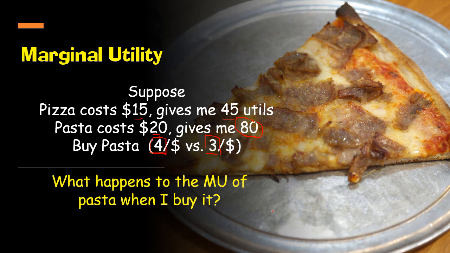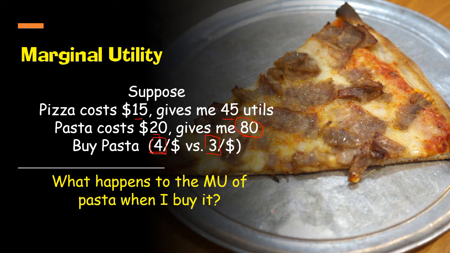Okay? Now, I went out to eat. I decided to buy the pasta because it made that deal. Now, the next pasta I buy is going to give me less than 80, and if that number drops enough, then I would switch and eat pizza. Okay, if the 80 drops to 60, then I'm going to be indifferent between pasta and pizza.